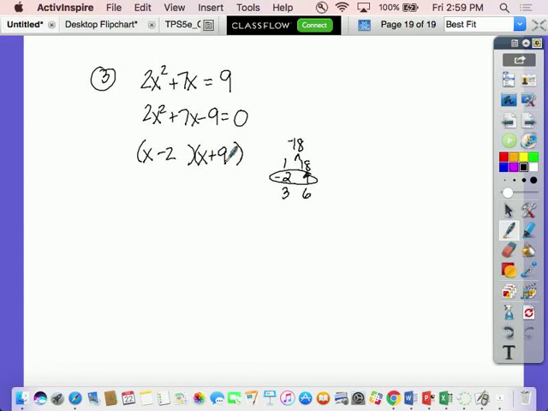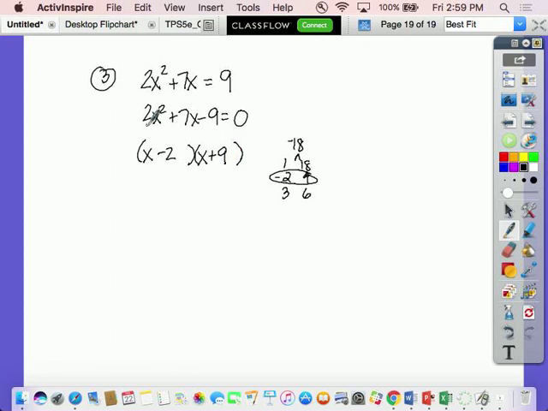But we're not done. Is that 18 or negative 18? Okay. What do we do now? We don't set them equal to 0 yet because we're not done factoring. You bring your 2 down. No, you gotta do it again for 9.